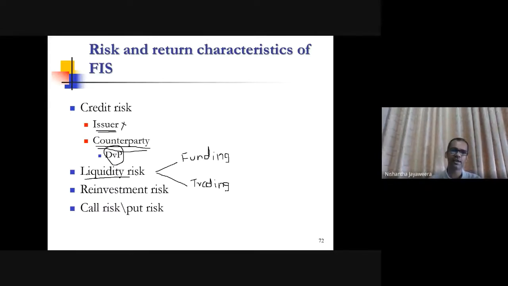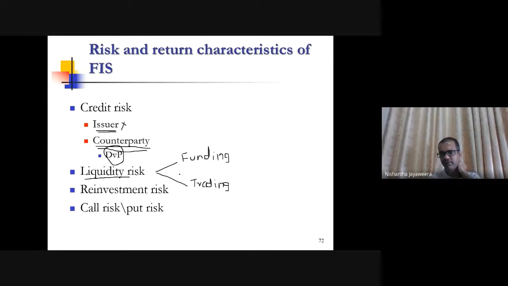If you don't have cash, or you cannot convert whatever assets quickly into cash and honor that obligation, then you are facing liquidity risk, the inability to meet your obligation. So that liquidity requirement can be fulfilled through two ways.